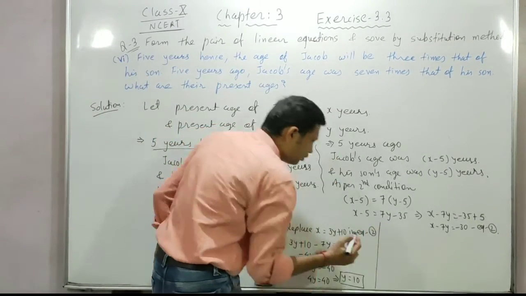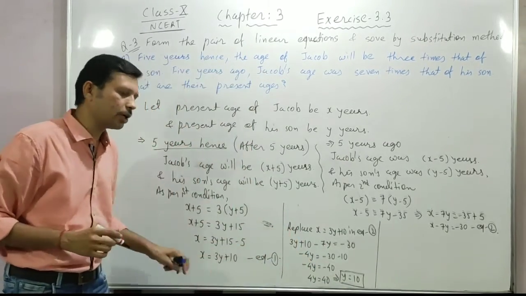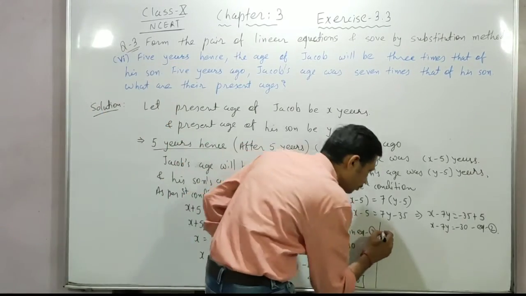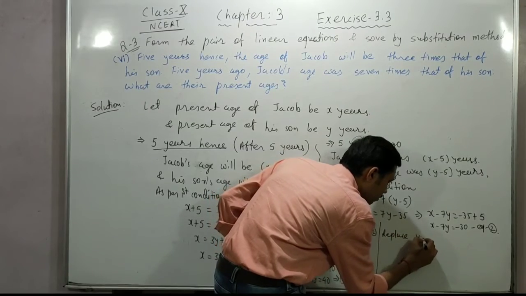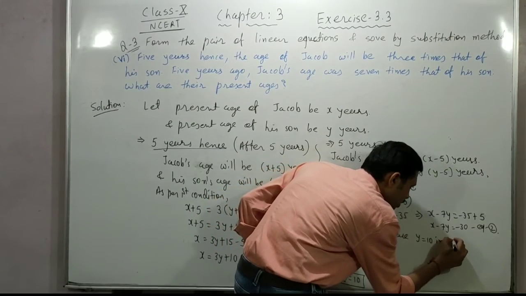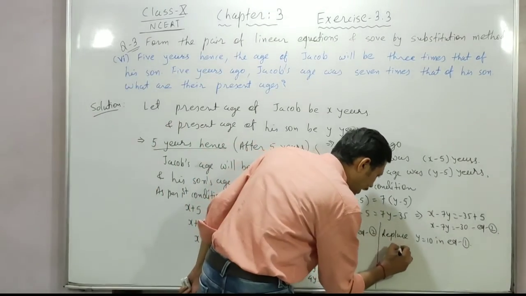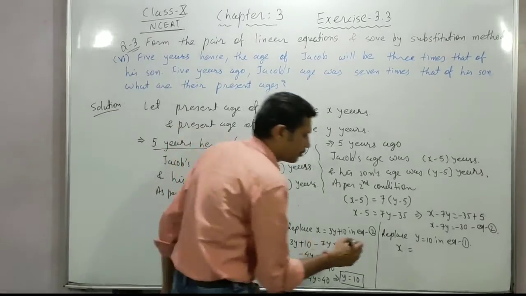Now second calculation, that is for the x. For that, the value of y we will replace in equation number 1. So easily we can get the value of x. So now we will write down here, replace y is equal to 10 in equation number 1. What is equation number 1? x is equal to 3y plus 10.